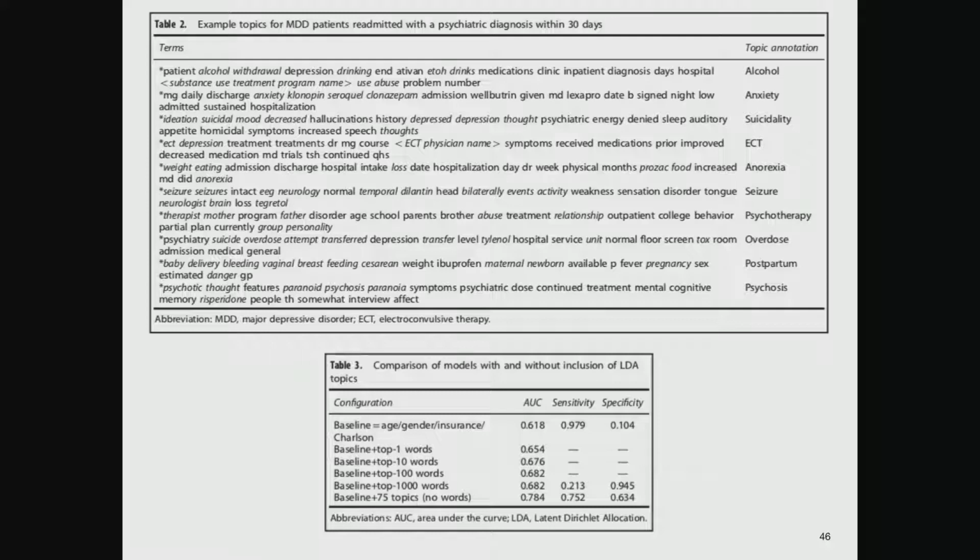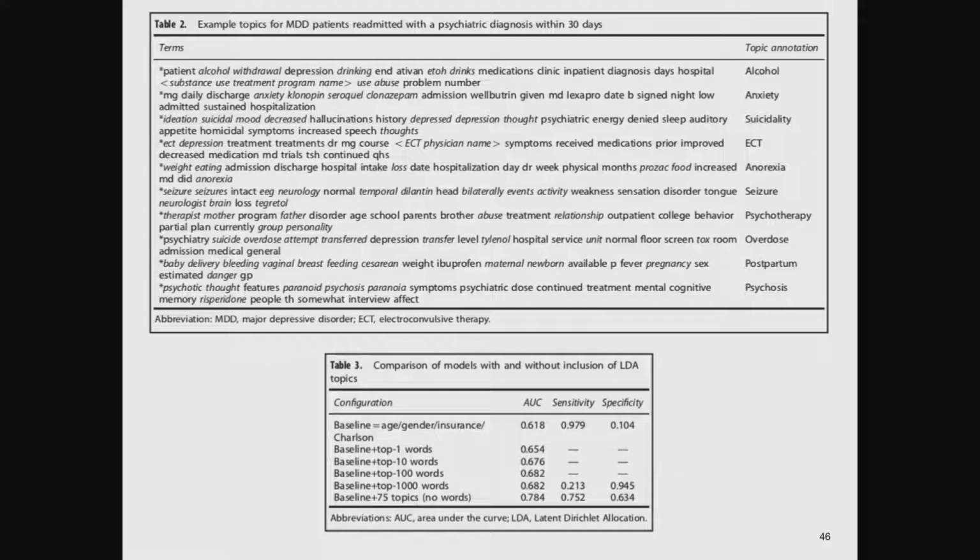And we had our experts look at these topics and they said, oh, well, that topic is related to alcohol abuse, which seems reasonable. And then you see on the bottom, psychosis, thought, features, paranoid, psychosis, paranoia, symptoms, psychiatric, et cetera. And they said, okay, that's a psychosis topic. So in retrospect, you can assign meaning to these topics, but in fact, they're generated without any a priori notion of what they ought to be.